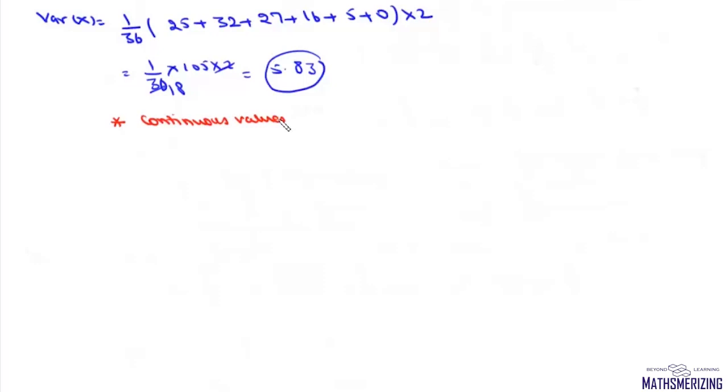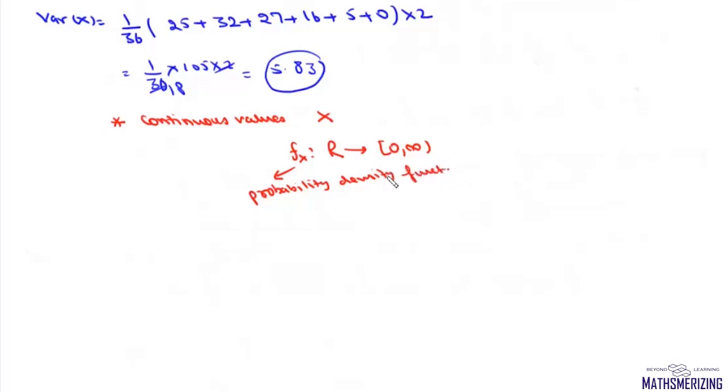continuous values. So for a continuous random variable, say x, we define a function, say fx, from R to [0, infinity), and we call this function fx a probability density function.